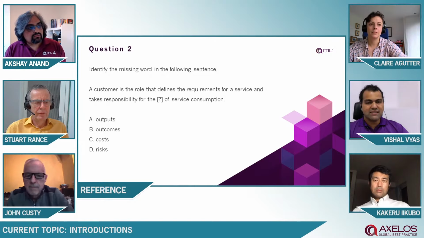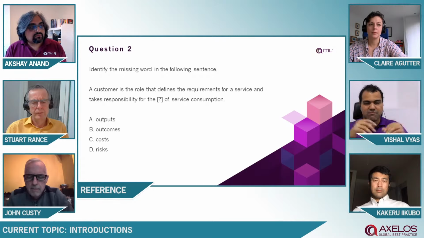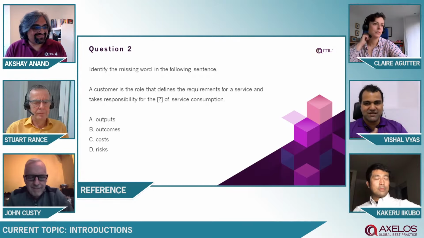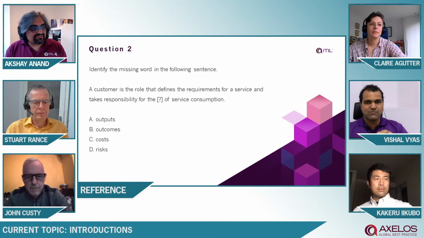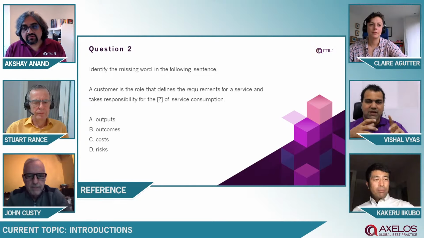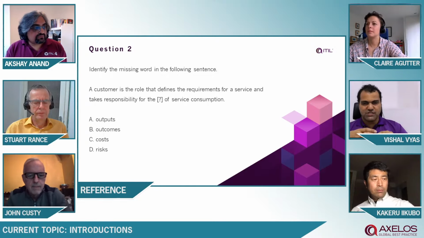And in this case, if you have sat through the course, sat through the training, you would remember how outputs and outcomes are related to each other. So if you remember that, then the answer should be straightforward if I'm correct on this one. So the answer here then would be outcomes of service consumption. Now this one is by selection, but you can also approach this by elimination.